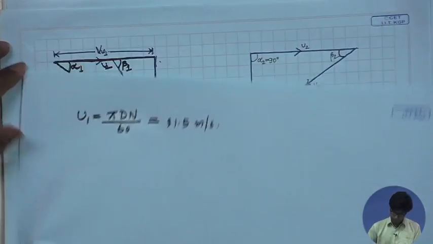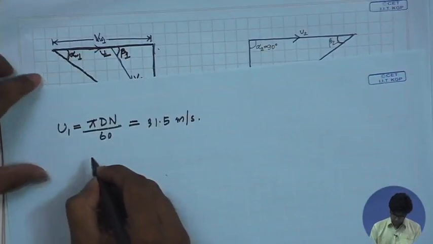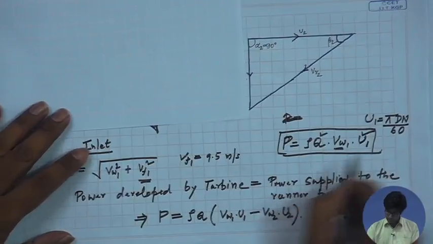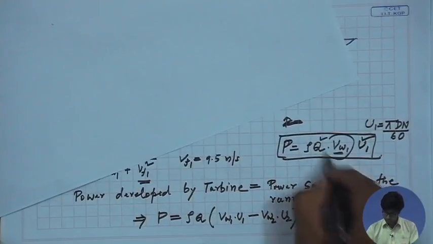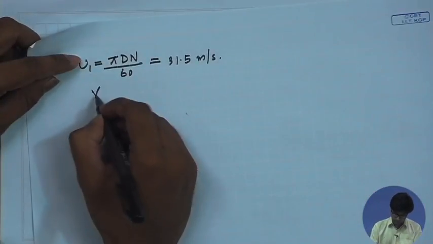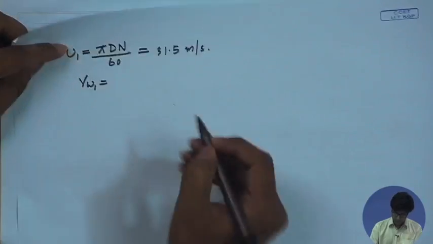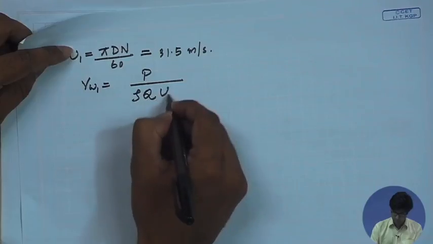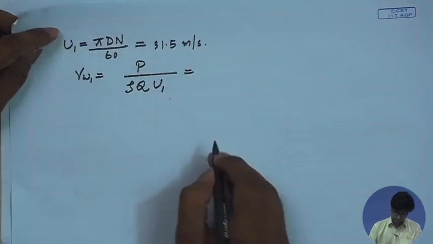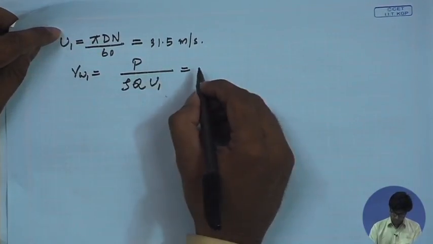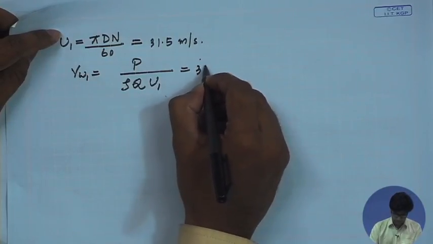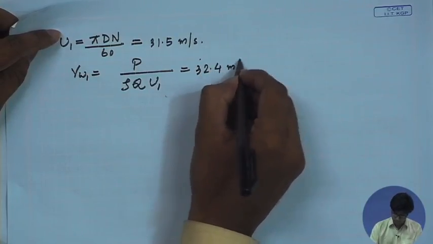So, from this relationship, right now we know the value of U1. So, we find out the value of the tangential velocity at inlet as P by rho Q into U1. Substituting the values, we ultimately find the tangential velocity at inlet as 32.4 meter per second.